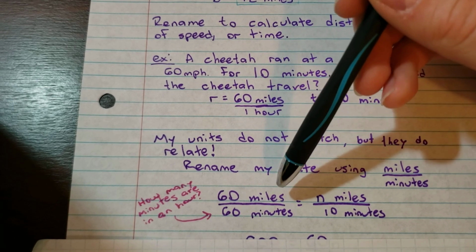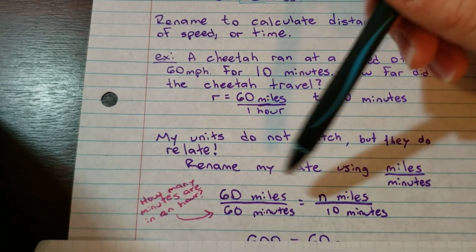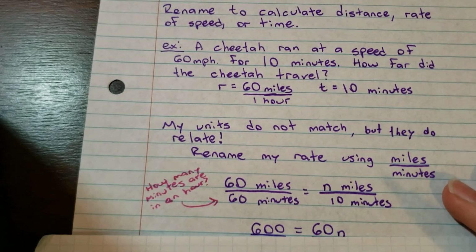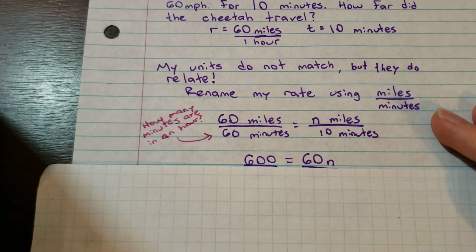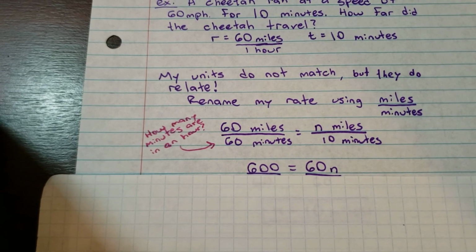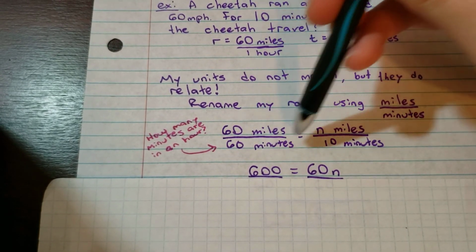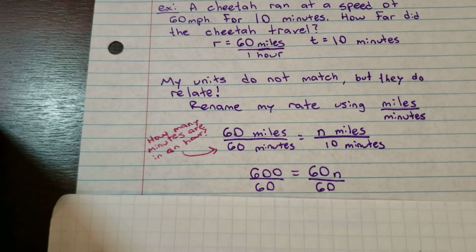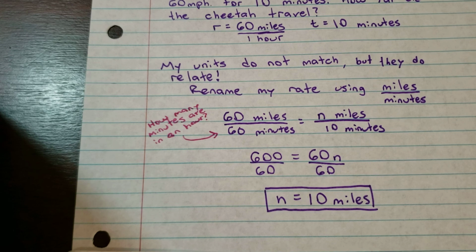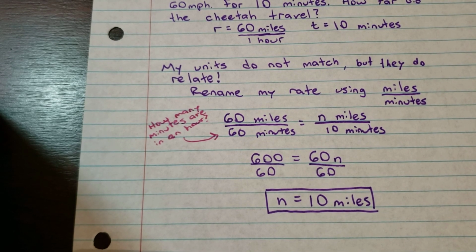Well, 60 minutes. So now I'm going to cross multiply. That's going to give me 600, right? 60 times 10 is 600, equals 60n. Divide by 60. That cheetah ran 10 miles in 10 minutes.